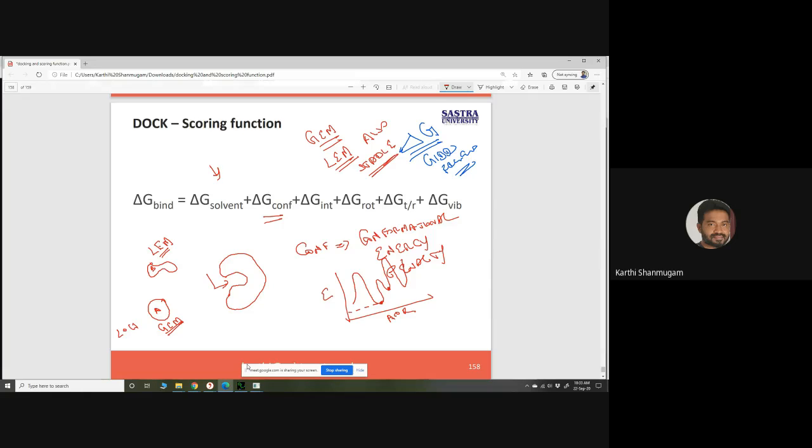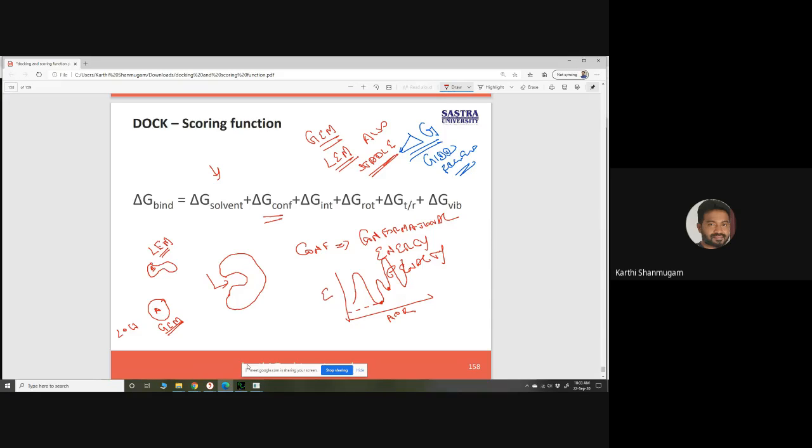But which of these conformations is the bioactive conformation? Let me define what is meant by bioactive conformation. Bioactive conformation is the conformation of the molecule which can fit in the binding site of the protein to initiate the biological response. Again, I repeat, bioactive conformation is the conformation of the ligand molecule that can exactly fit inside the binding site of the protein molecule, which can initiate the biological response.